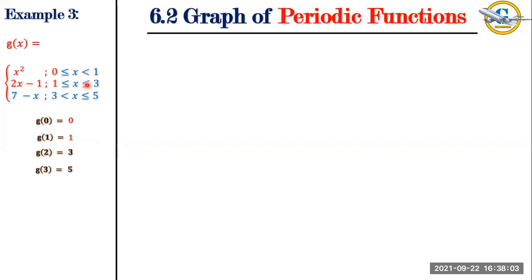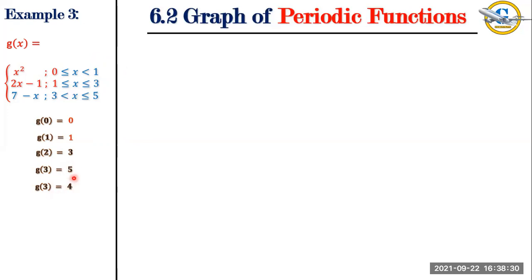So we have 5. And the second function, look, 7 minus 3 is not going to give us 5. This is the point we have emphasized from the beginning: when you have these sub-intervals, you have to take the value at this boundary and at this boundary. If you look at the case of 1, the values were the same. 1 squared is 1. And here, 2 times 1 minus 1 is 1. But for the value of 3, the values are different.